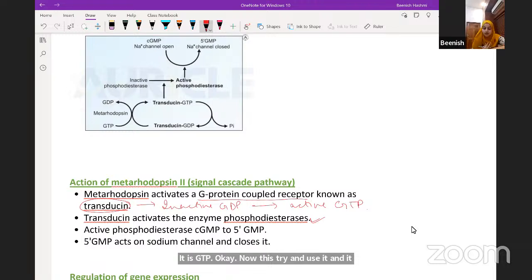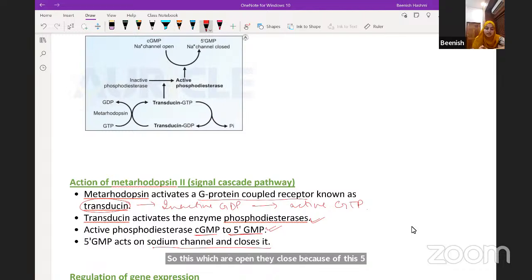Now what do phosphodiesterases do? These active phosphodiesterases change cyclic GMP into 5' GMP. And this 5' GMP is responsible for closing of sodium channels. So the sodium channels which were open close because of this 5' GMP. And where are you getting this 5' GMP?